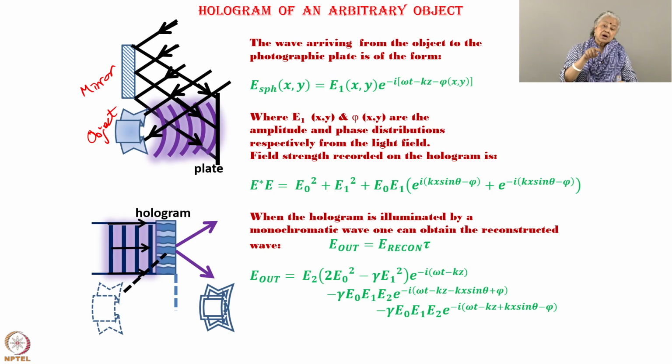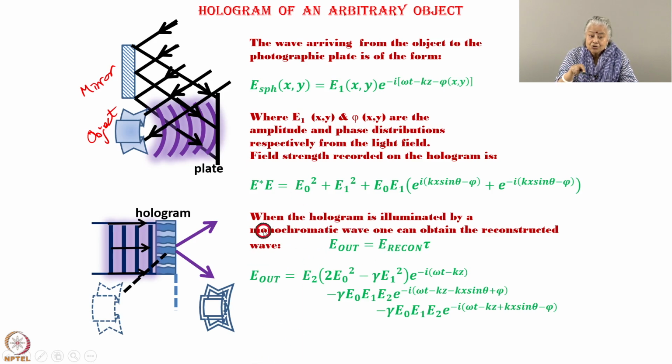But when you are using a reconstruction wave, you need not have the same frequency. It could be a different frequency from the original, because after all, what does it boil down to? It boils down to the diffraction pattern from the hologram made by this reconstructing wave. Okay. So, that is why I just write it should be a monochromatic wave, single frequency.